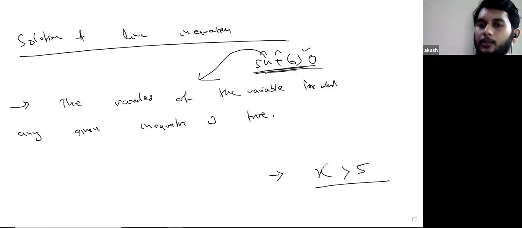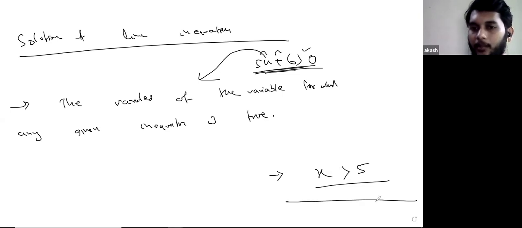So any linear inequation can have many solutions. And one thing you have to remember, don't think in integers, think in real numbers. That means this is a number line, this is 5. We need x more than 5. So x will be starting from 5.00000000 infinite times 0, 1, right? Because this value is more than 5.